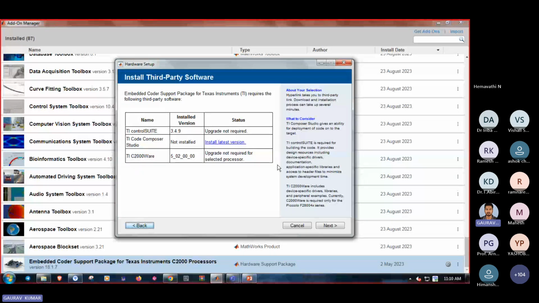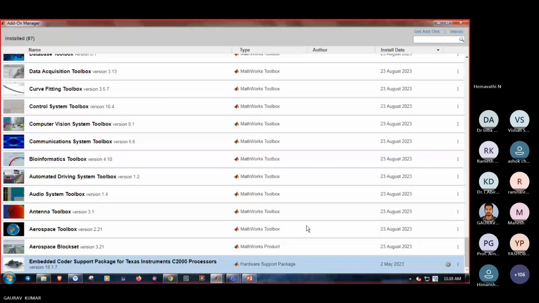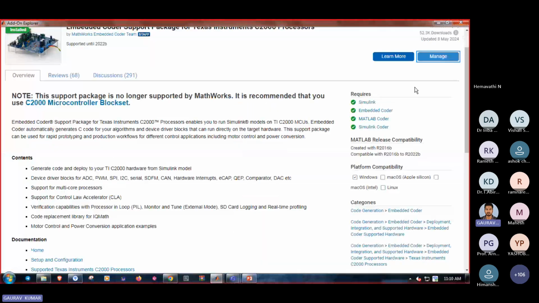So these are the external third-party software which we need to install. So we go for the next. After installation, we have to validate it, then it will be completely installed. Okay, this is the installation procedure. I'm canceling it because it is already installed. Moving to the next slide.